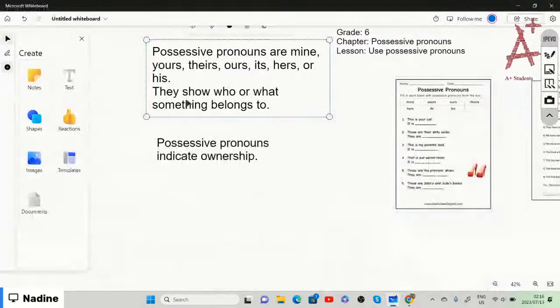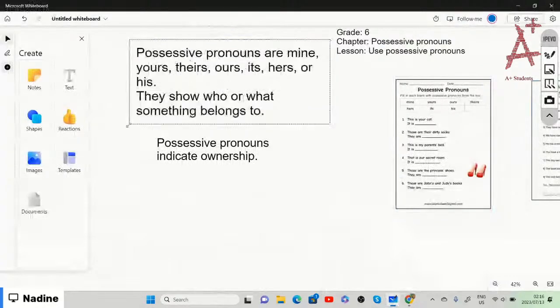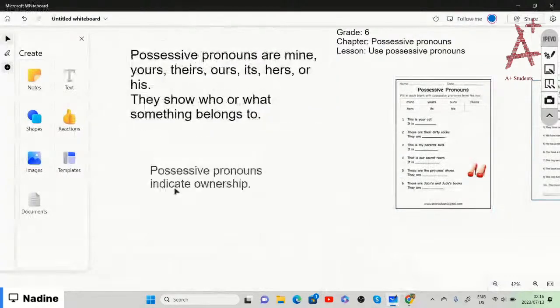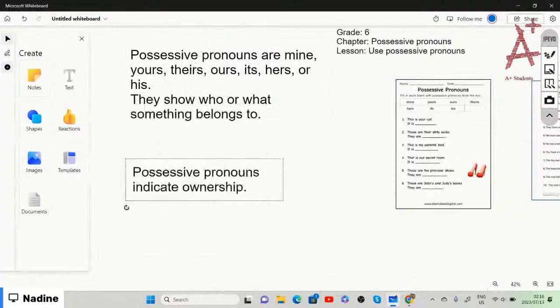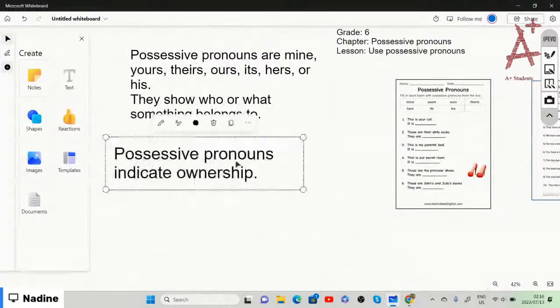Remember, possessive pronouns show who or what something belongs to. So something belongs to them, it's theirs, it's mine, it's yours, his, hers, its, and so on.